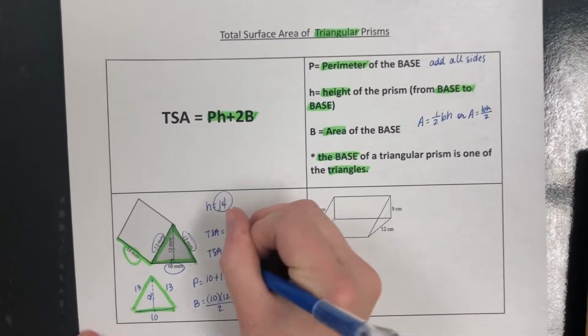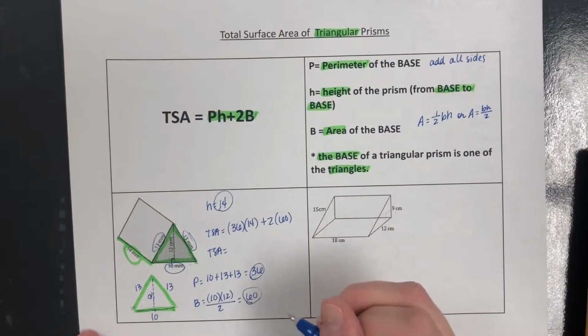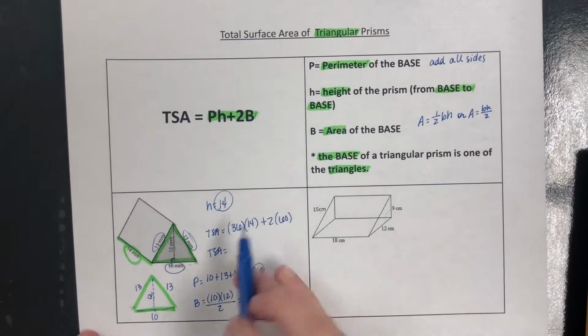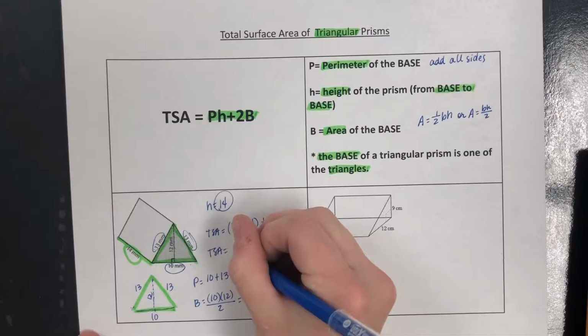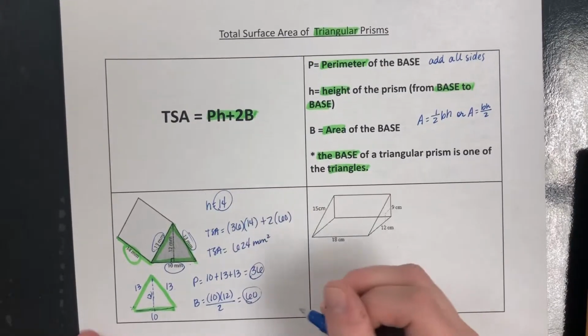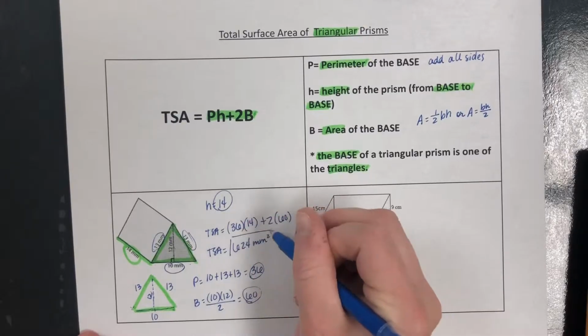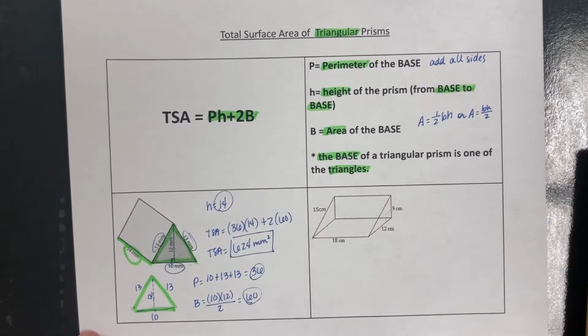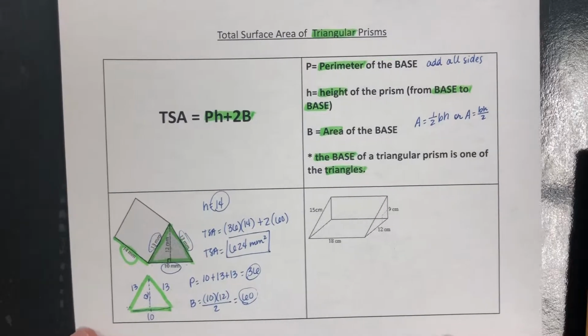Plug all of that into your calculator. Okay, and you just type it in exactly as it looks, and you would get 624 millimeters squared. Okay, so there's that one.